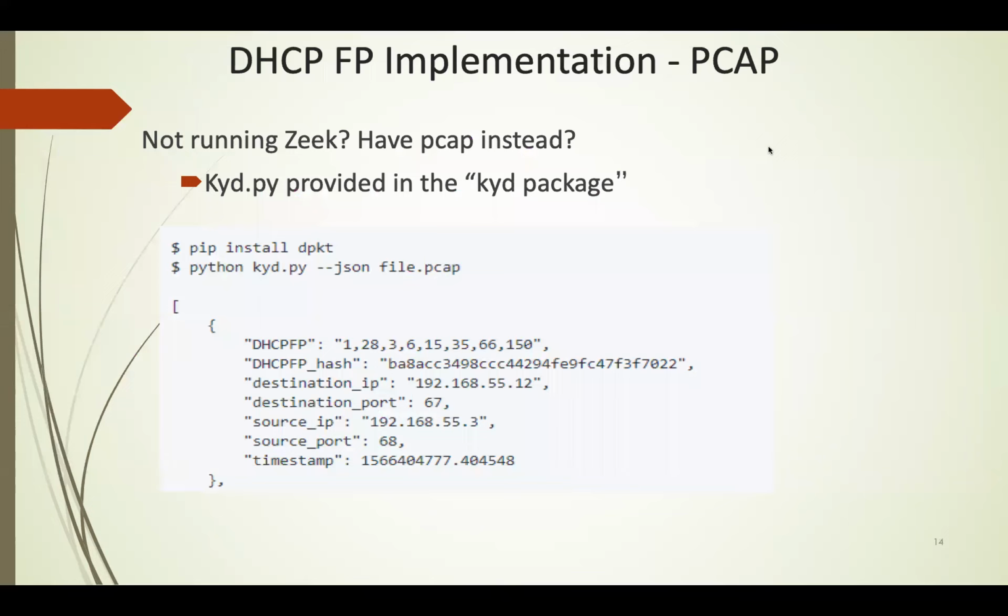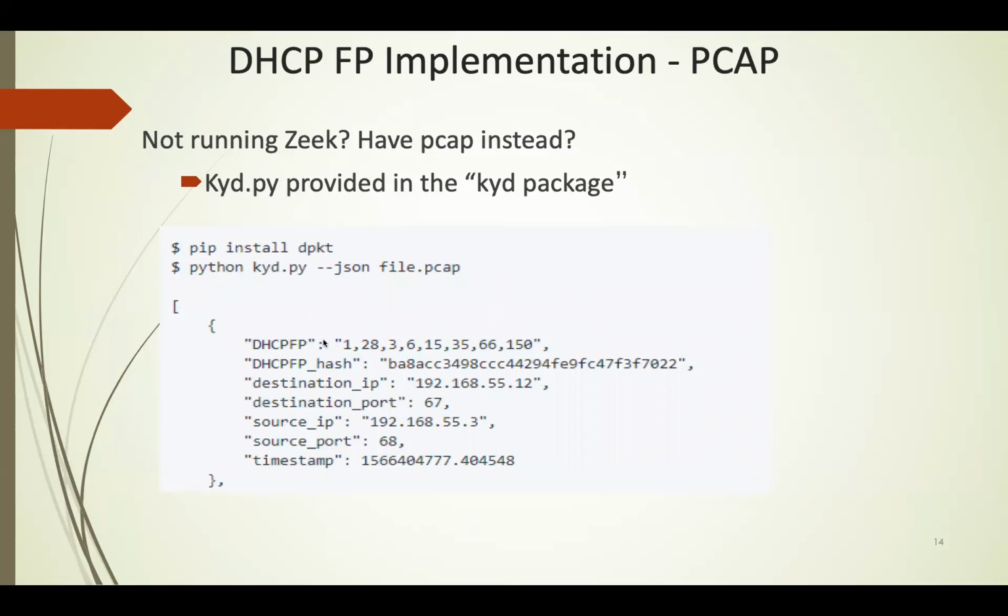Okay, so there are two other things I was wondering about when I was writing the script. What if I have a pcap and I don't have Zeek running right now, or if I have a pcap from one of the sources and I want to know what kind of operating system and what kind of devices were generating that data? There is another script in the same KYD package called KYD.py.